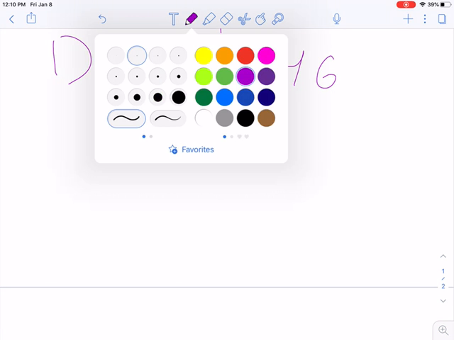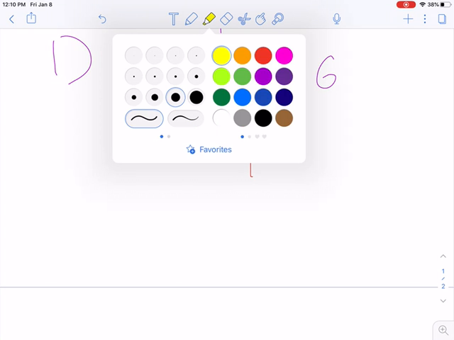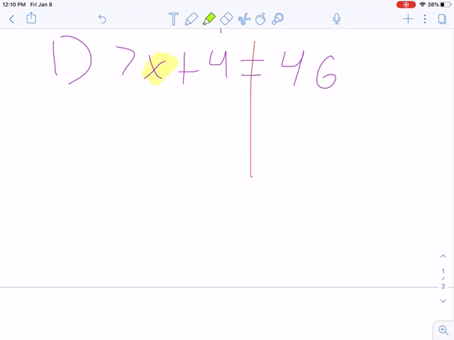My very first step is draw a line, find the variable, then I want to get the variable by itself. So I want to look at just this side of the equation. That's all I want to look at, because that's where the variable is. So I'm not looking at the 46.